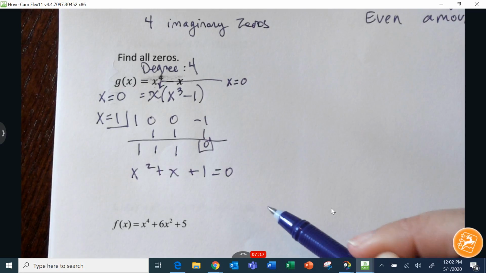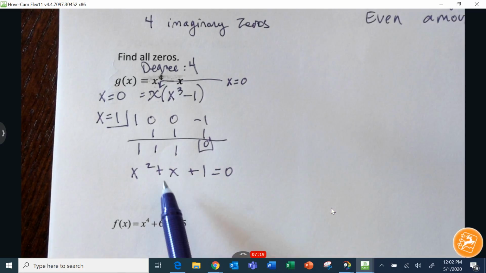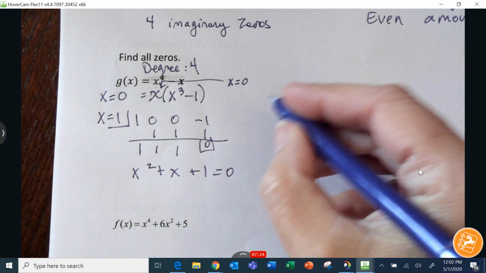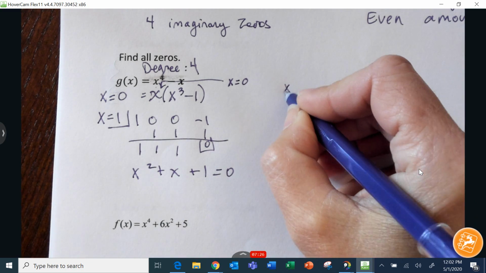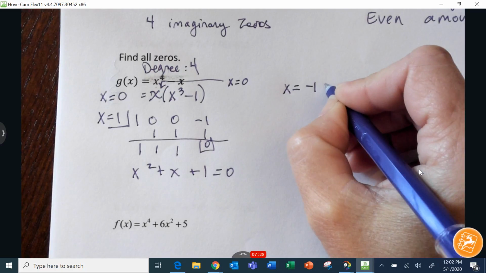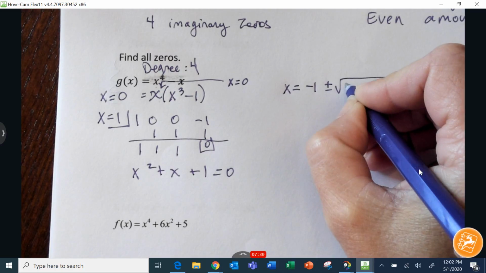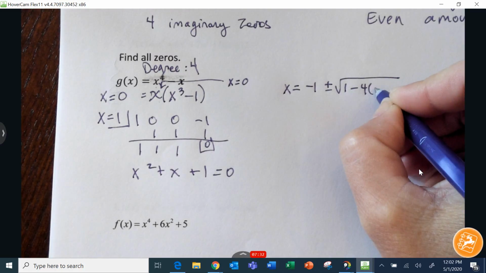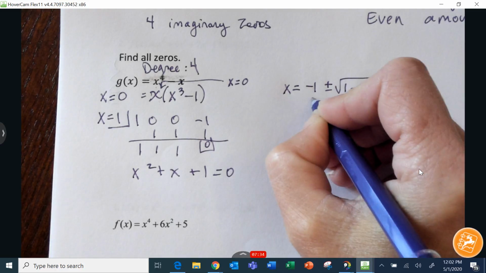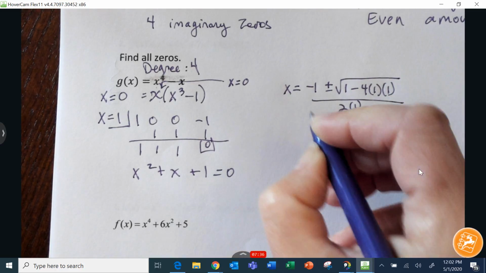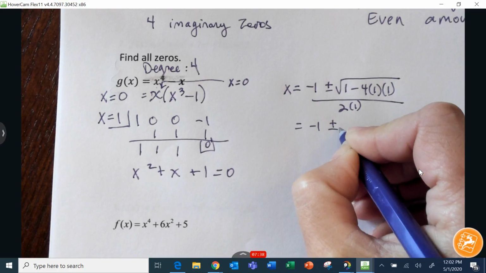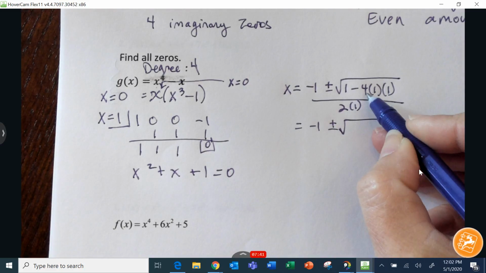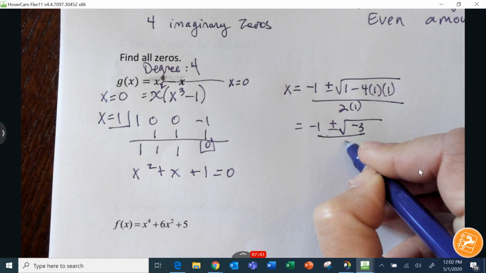You could use complete the square, but because this middle number is odd, I don't want to use complete the square. Use quadratic formula. X equals opposite b plus or minus square root b squared minus 4 times a times c all over 2 times a. So you get negative 1 plus or minus square root of negative 3 all over 2.